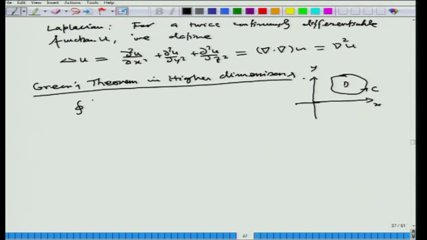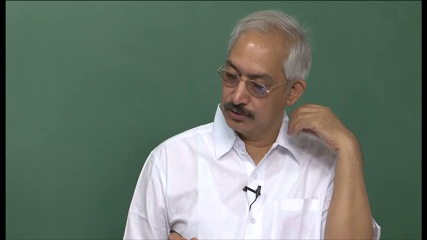Here we have seen that if m and n are smooth functions, then the integral of m dx plus n dy is equal to the double integral over D of n x minus m y dx dy. This we had established in the earlier lectures, where m and n are continuously differentiable in D and continuous, piecewise continuous, on the boundary, and C is piecewise smooth. This is Green's theorem in 2 dimension.